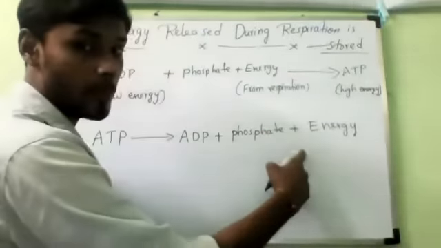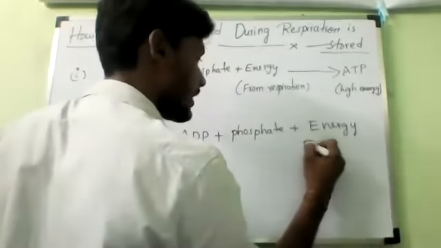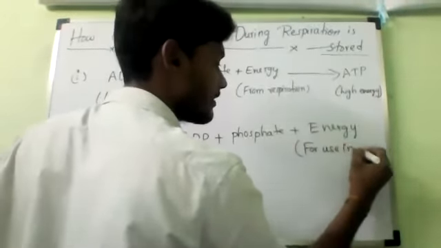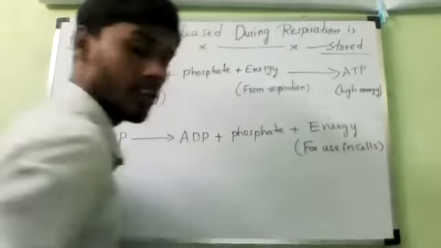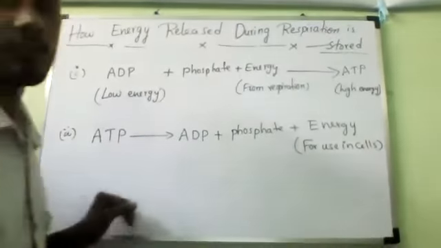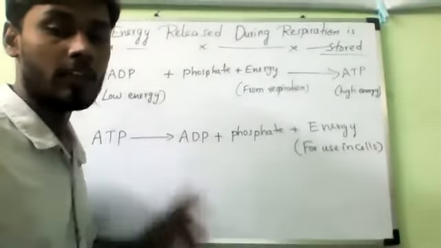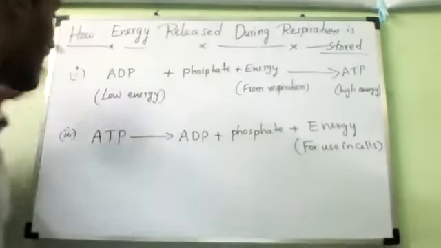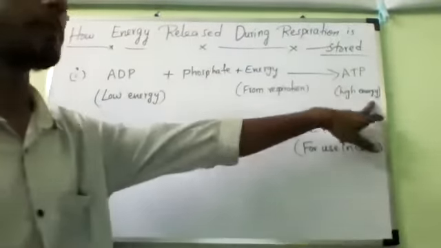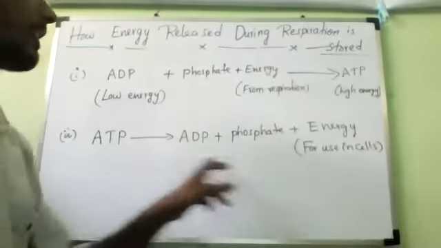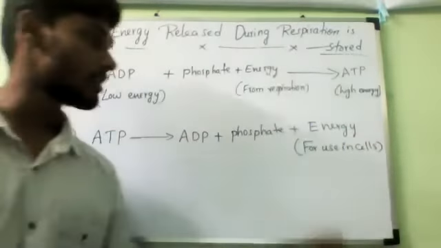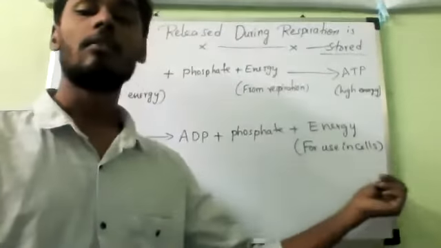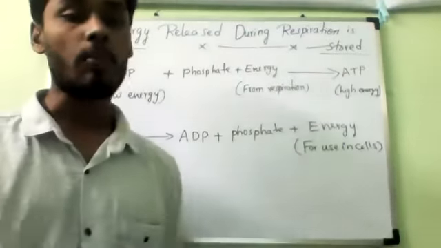Energy for what purpose? For use by the cells. Do you understand how it happens? Yes or no? So ATP converts into ADP and releases the energy which is used in the body cells.